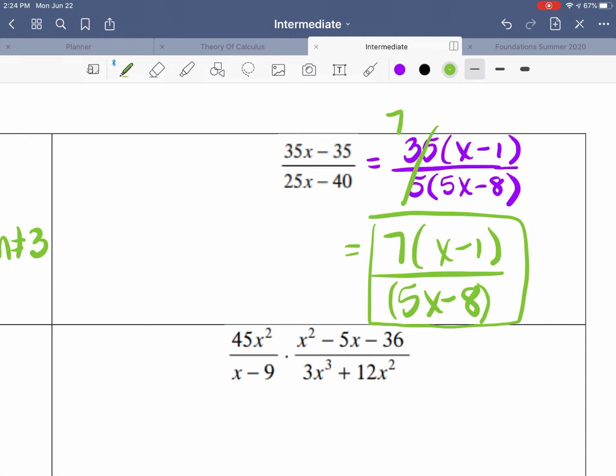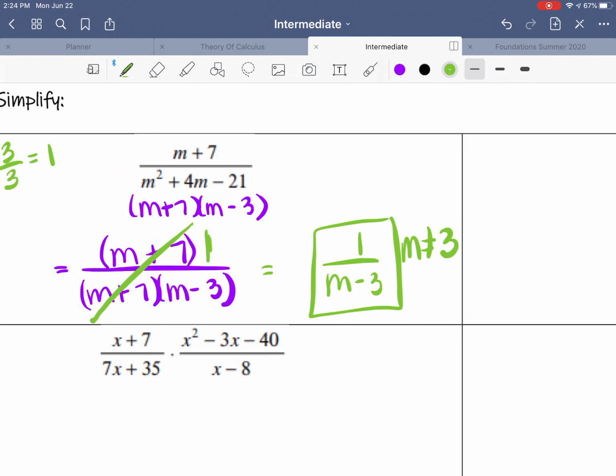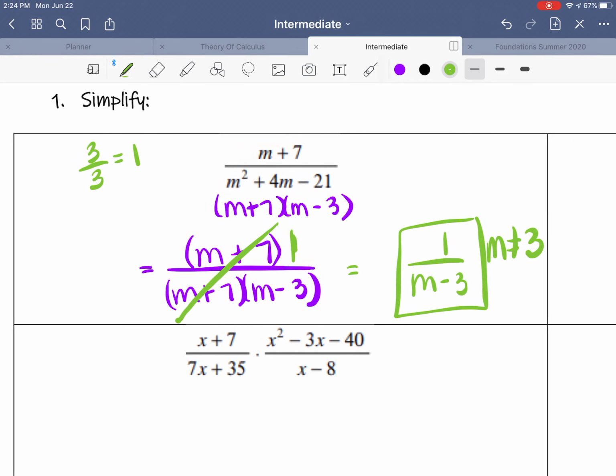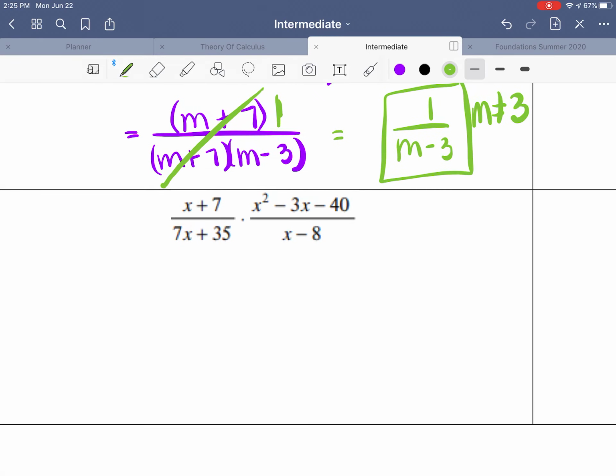It really doesn't matter. So let's use that and our definition from the beginning for multiplication and division and try these. I have the multiplication of two rational expressions. So the first thing you can do to help you simplify this is go ahead and factor anything that can be factored.